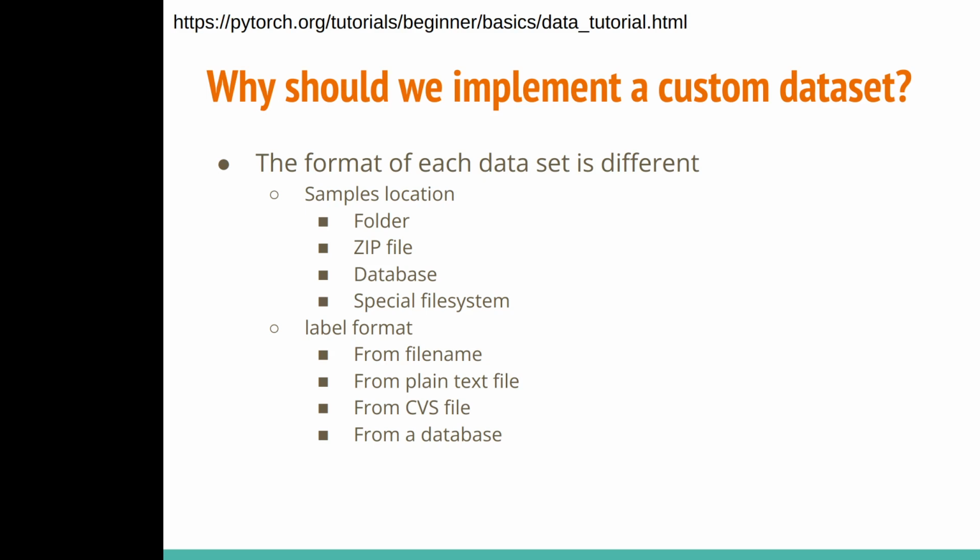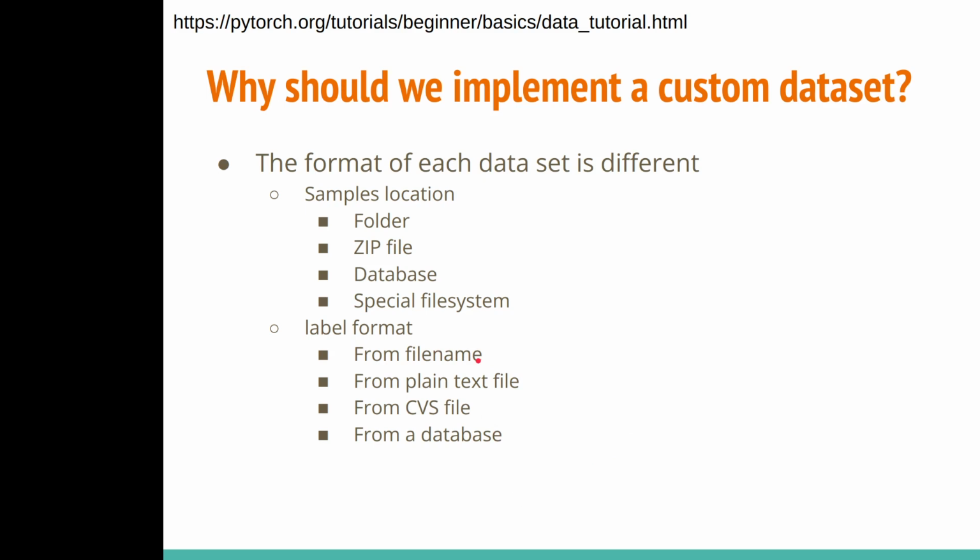For example, the label might be stored as part of the file name. So in this case, we need to parse the file name to get the label. We will use an example later to introduce how to do this.